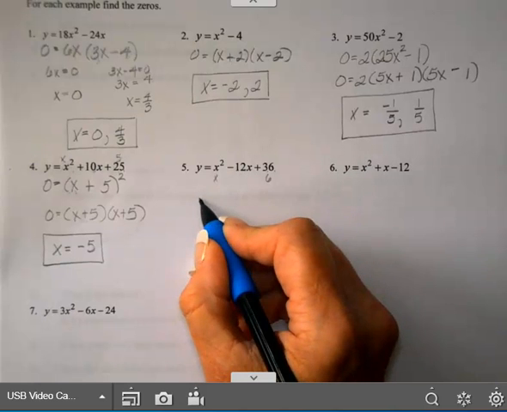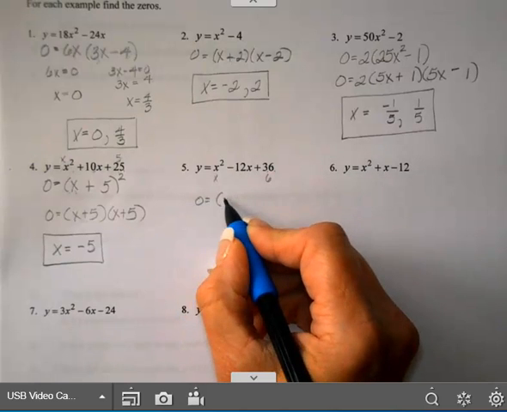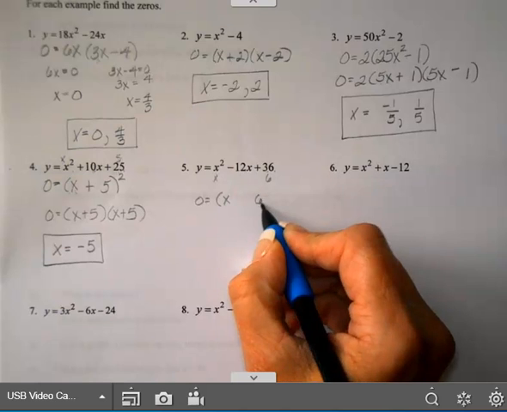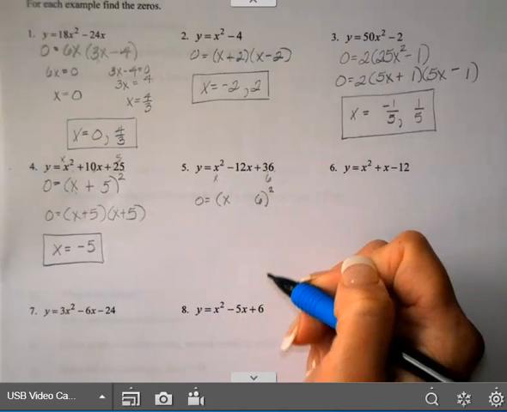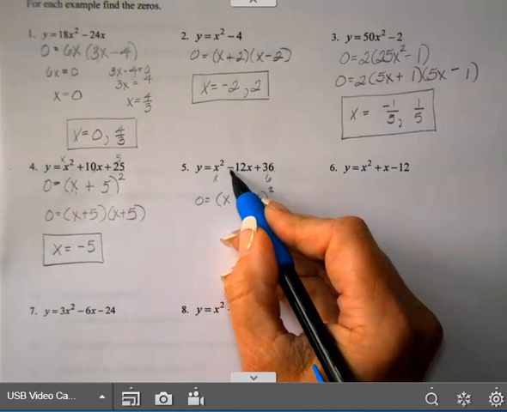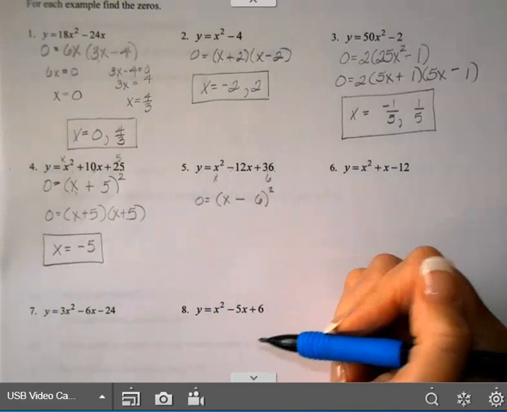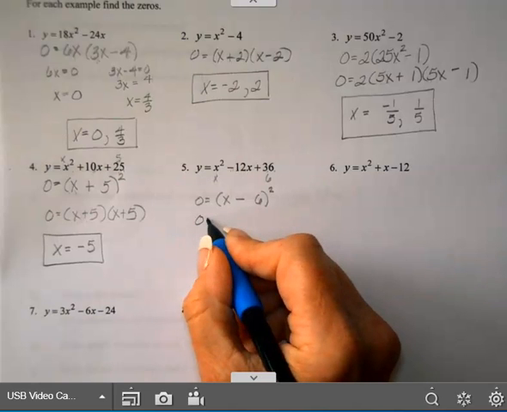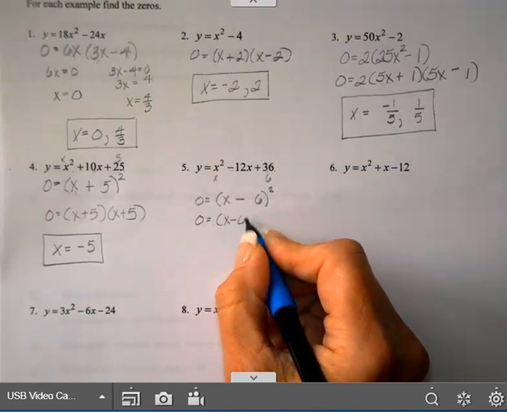And so set y equal to 0, and you'll have x and 6. This will be squared. And the middle term is a minus on this one, because there's a minus on that middle term here. If you want, you could write this as x minus 6, x minus 6.